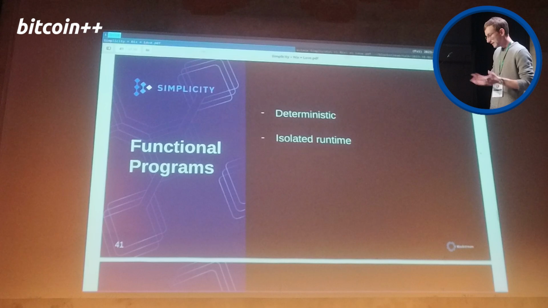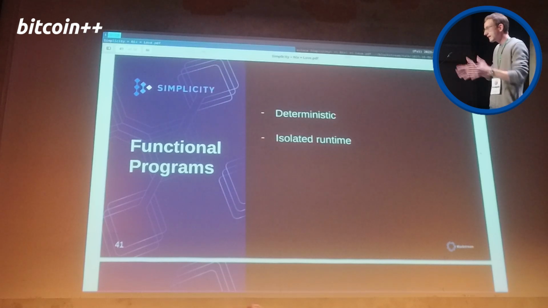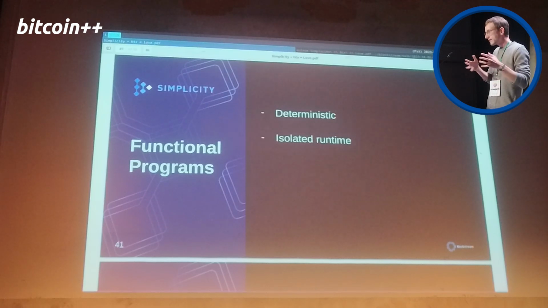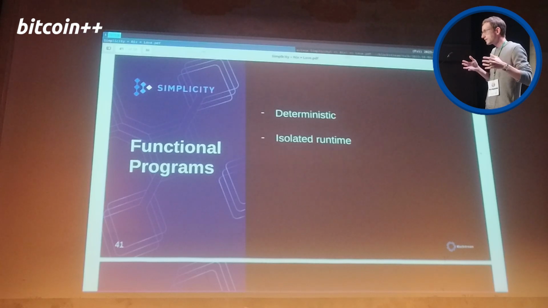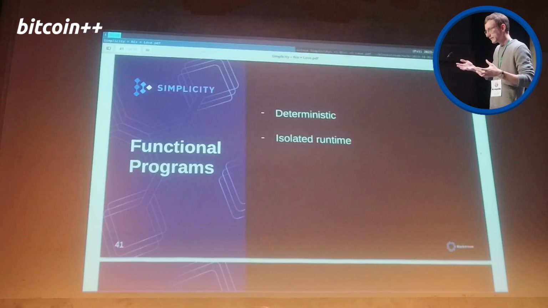In this case, it's a simplicity program or the simplicity interpreter. It runs in an isolated runtime, so we know exactly what the runtime consists of, what the parameters are for a simplicity program. And then inside that environment, the simplicity program always runs in the same way. If there's a bug, there will always be the same bug. If there's no bug, there will always be no bug.